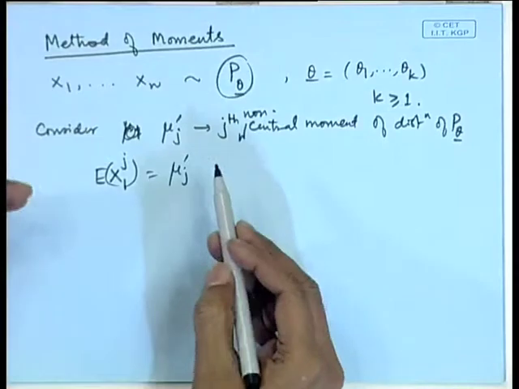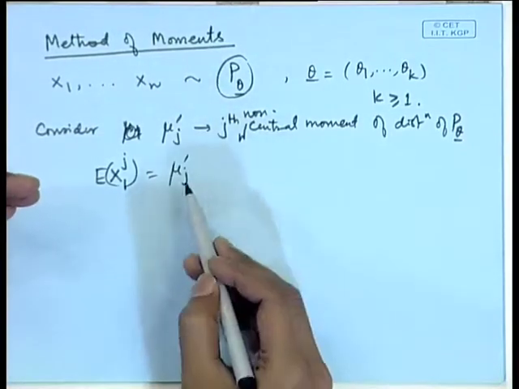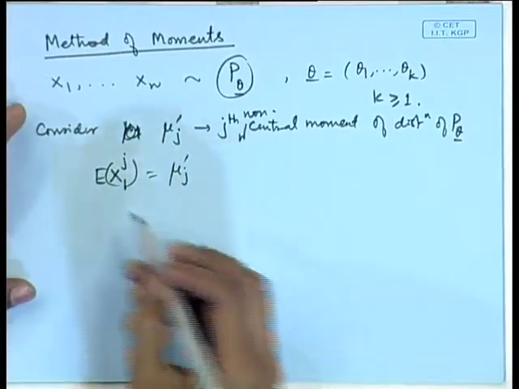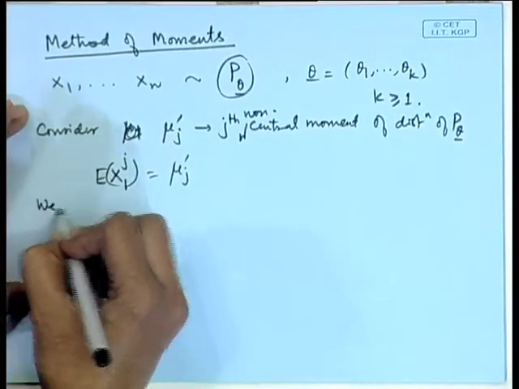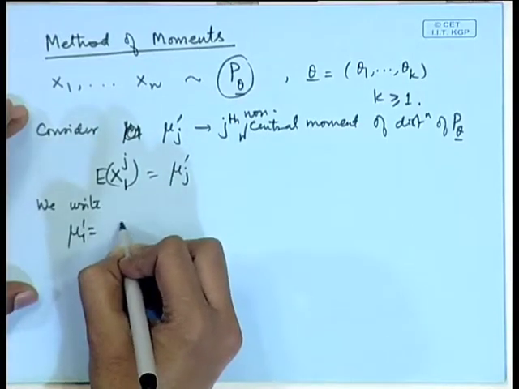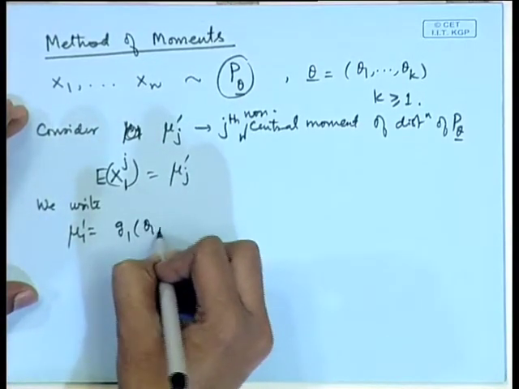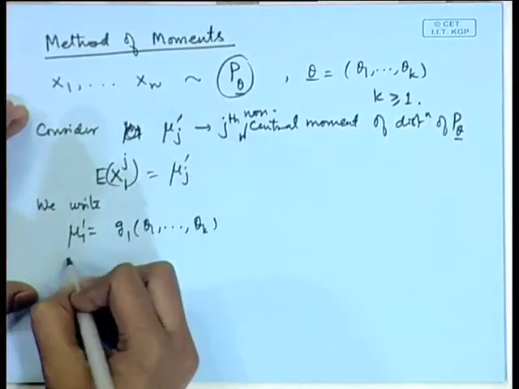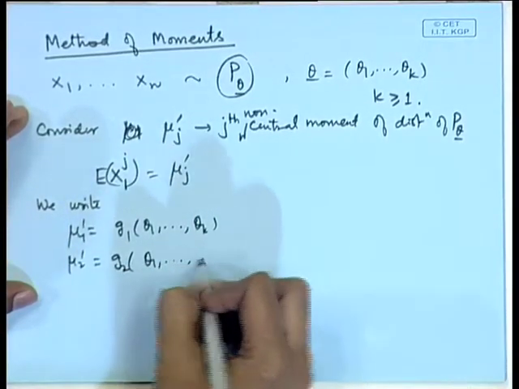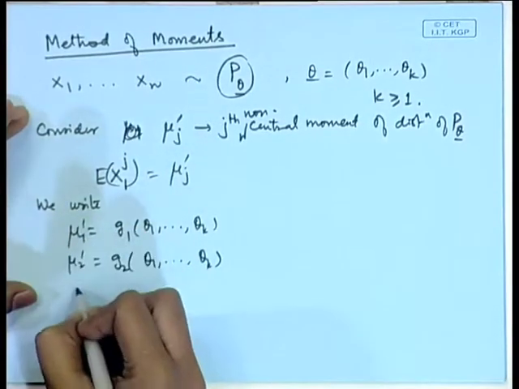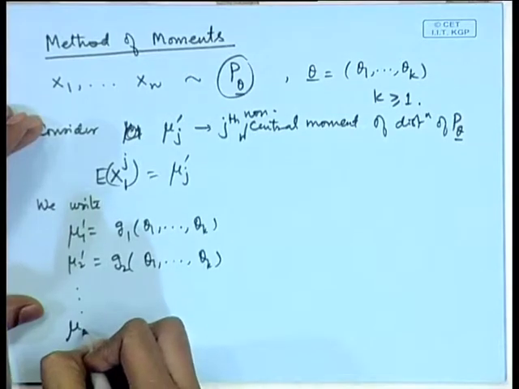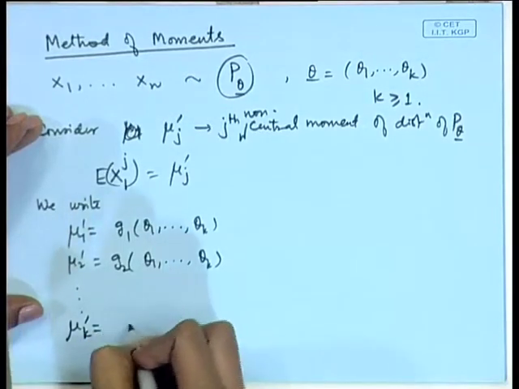So, in general these moments will be certain parametric functions. For example, I may have mu_1 prime equal to g_1 of theta_1, theta_2, ..., theta_k, and mu_2 prime may be some function, say g_2 of theta_1, theta_2, ..., theta_k. If I have k parameters, then I write up to the kth.